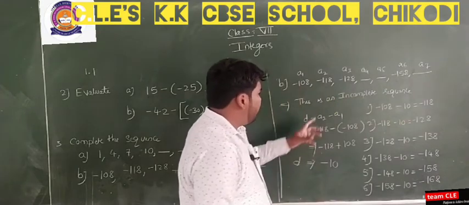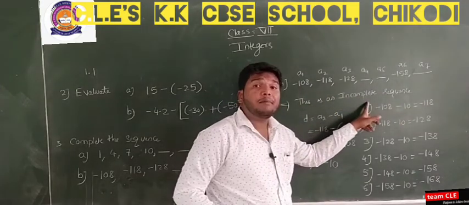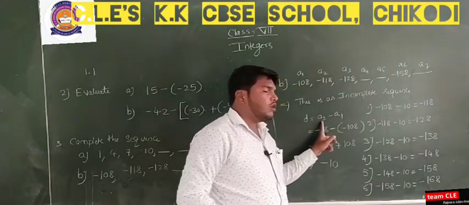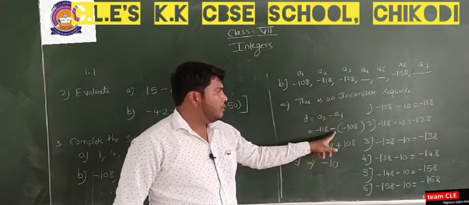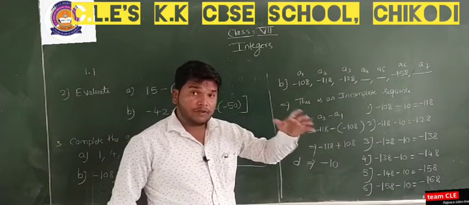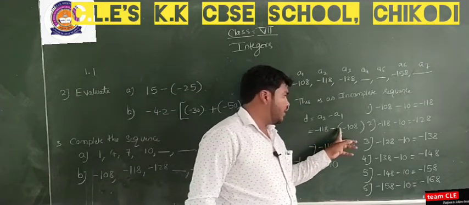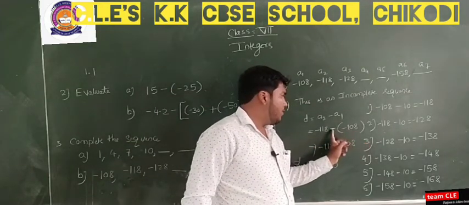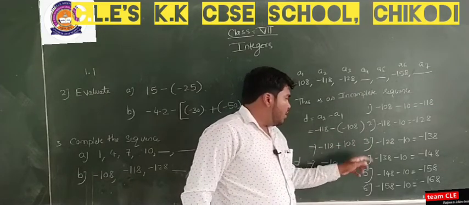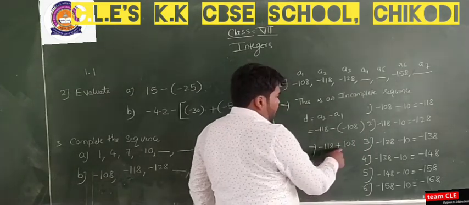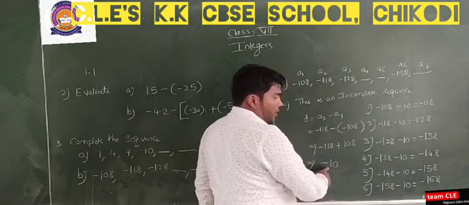So see here, first, this is an incomplete sequence. D equals A2 minus A1. A2 is minus 118 minus, in the bracket, minus 108. Minus into minus is plus, so minus 118 plus 108, which gives D equals minus 10.